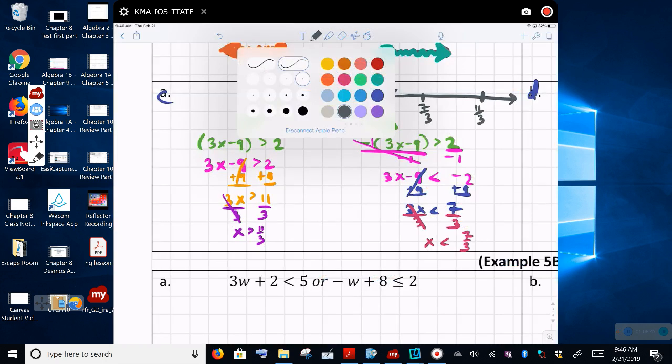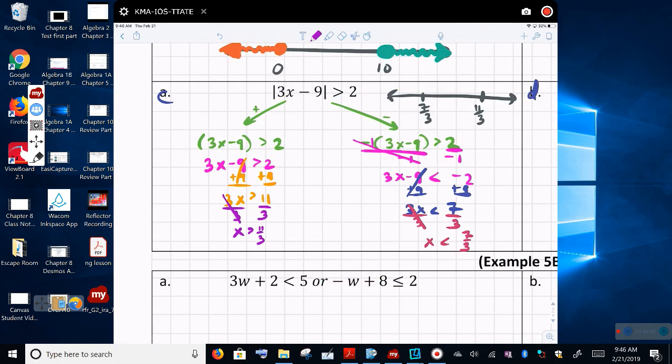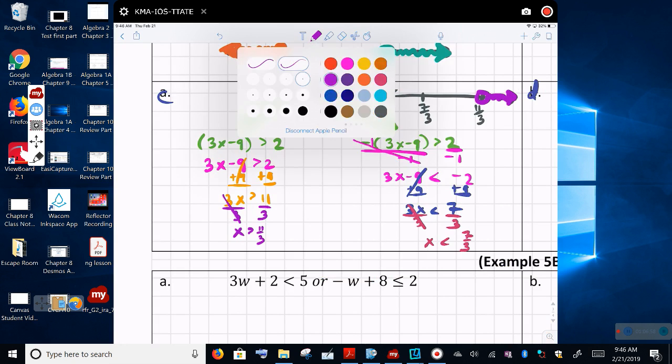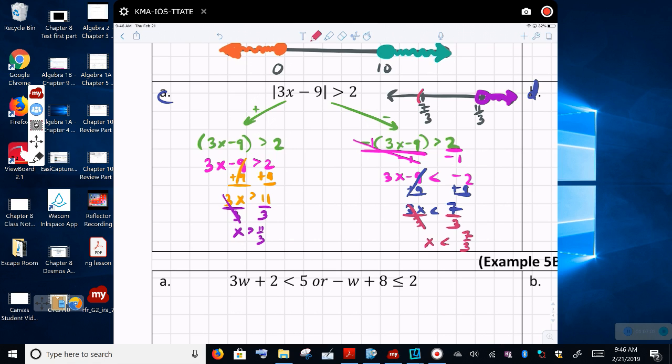Okay, so I'll do the purple one for the one on the left. 11 thirds. It's not going to be a filled in circle, it'll be an open circle. And I shade to the right. If I do the one in this red color, this is an open circle and I shade to the left.